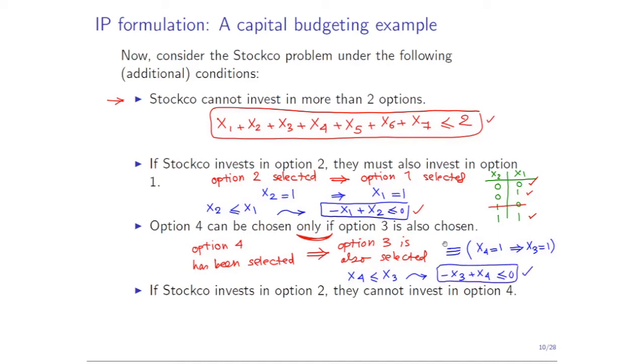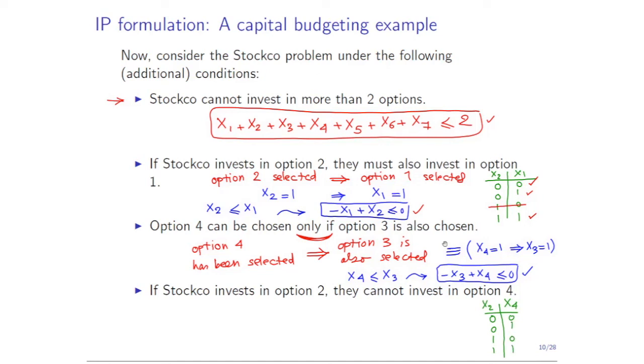Now let's look at the last one. If the company invests in the second option, they cannot invest in option 4. If an investment is made on option 2, then they cannot invest in option 4. So again, let's consider the possibilities. x2, x4: 0,0; 1,1; 0,1; 1,0.